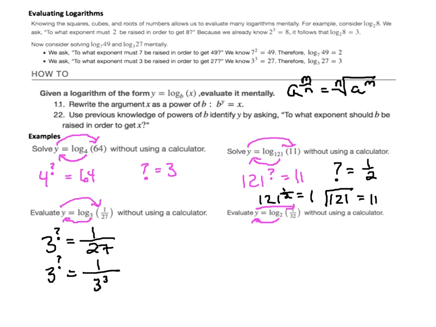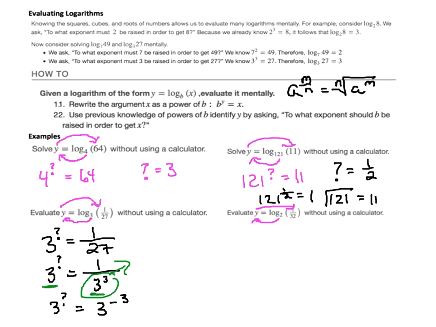Now I have matched the base, but it's still living in the denominator, and I need to get it up into the numerator so I can work with it. So I just make that exponent negative. Now this says 3 to the something equals 3 to the negative third power.